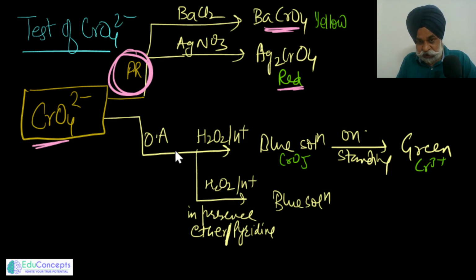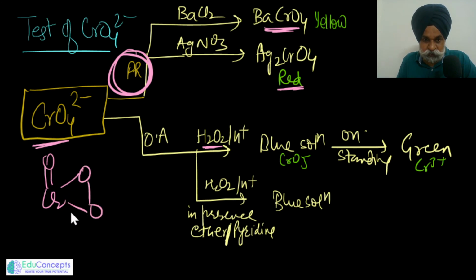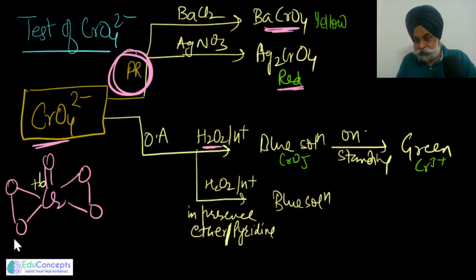Or with an oxidizing agent: if you treat it with H2O2, it gives a blue coloration of chromium pentoxide, which has a butterfly structure, a very popular reaction, where unexpectedly chromium is in the +6 oxidation state, and which on standing turns green.